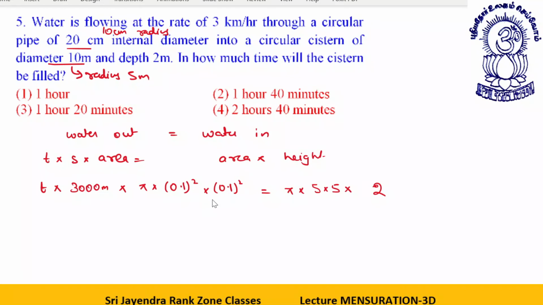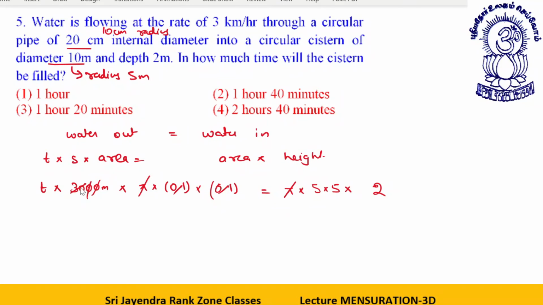Now we have everything in meter. Pi and pi cancel. This is r, let it be 0.1, not square this time. Why? Because I have already put pi r square. So far clear? Okay. Now 0 and 0 will cancel, with a decimal with a decimal. Fine.